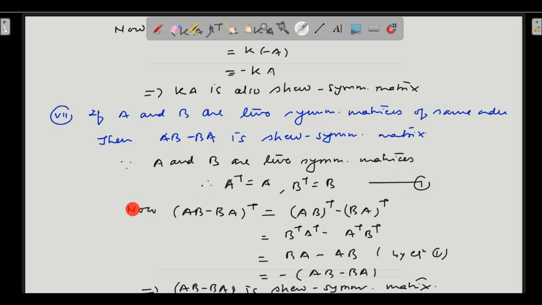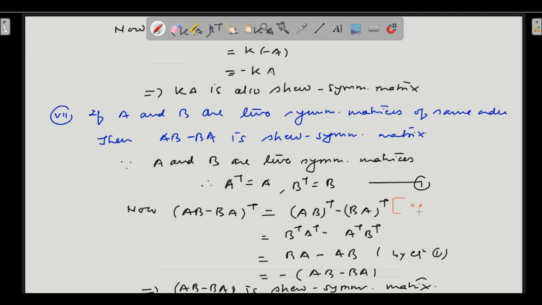Now you need to show that this is skew symmetric. So let us take its transpose. AB minus BA complete transpose is equal to AB complete transpose minus BA complete transpose. How is this happening?